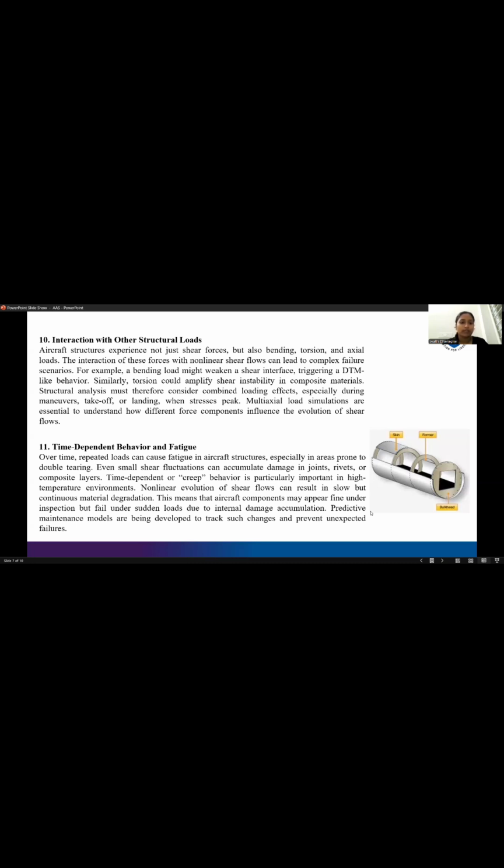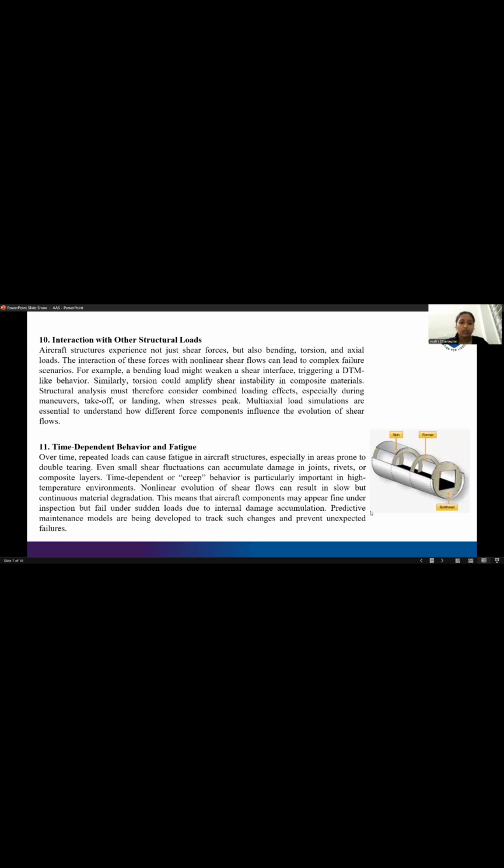Time-dependent behavior and fatigue. Over time, repeated loads can cause fatigue in aircraft structures, especially in areas prone to double tearing. Even small shear fluctuations can accumulate damage in joints, rivets, or composite layers. Time-dependent or creep behavior is particularly important in high-temperature environments.